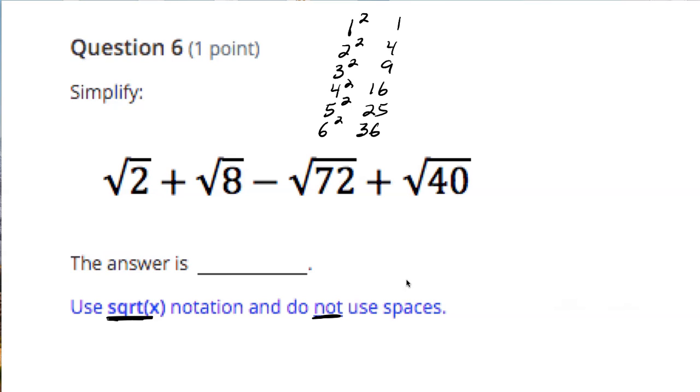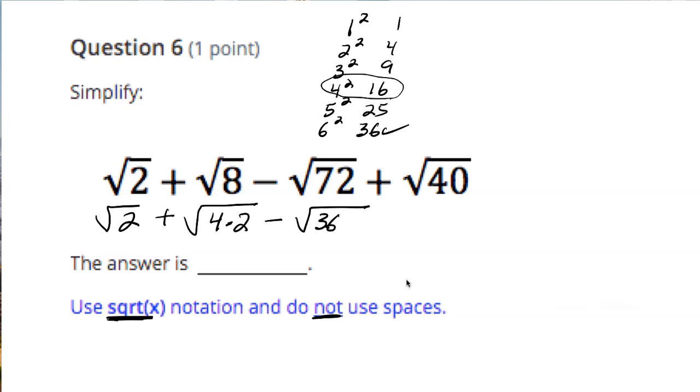So we'd like to break these radicals into perfect squares. So square root 2 is just square root 2. 8 we can write as 4 times square root 2, because 4 is a perfect square, so we can square root it. And then 72 is the square root of 36 times 2. So 36 is a perfect square. And then we have 40 is 4 times 10. So basically we have a perfect square here, here, and here.